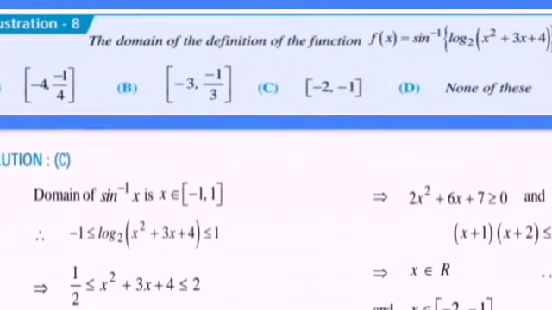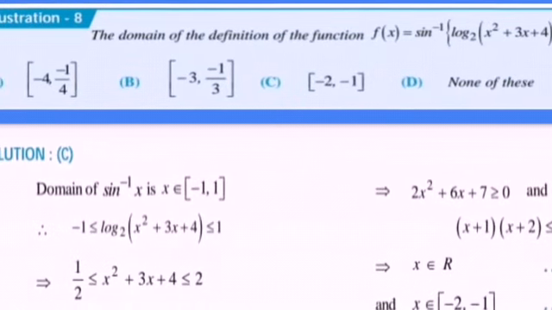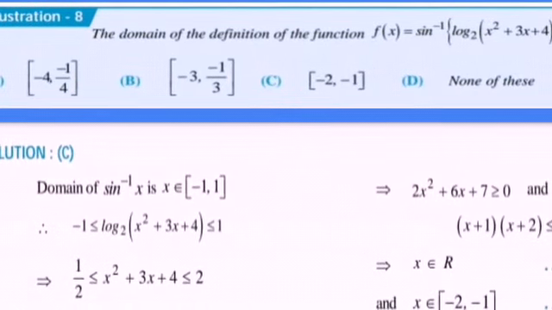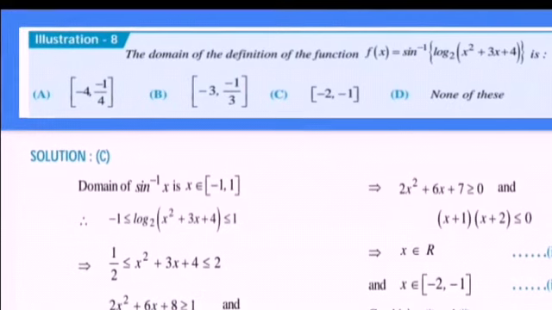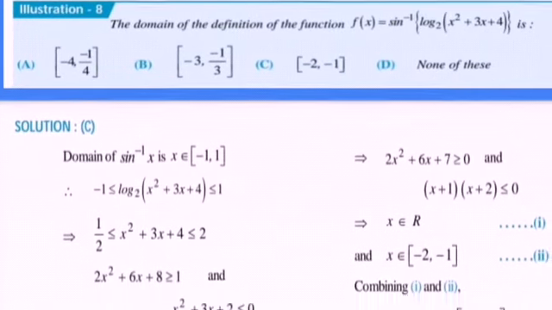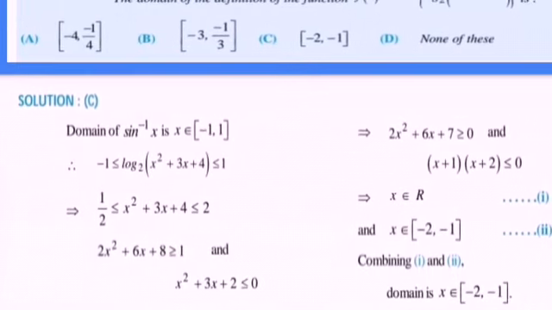As you know, the coefficient of x square is positive, so x belongs to all real numbers. But for the second part of the inequality, we find x plus 1 into x plus 2 is less than or equal to 0.